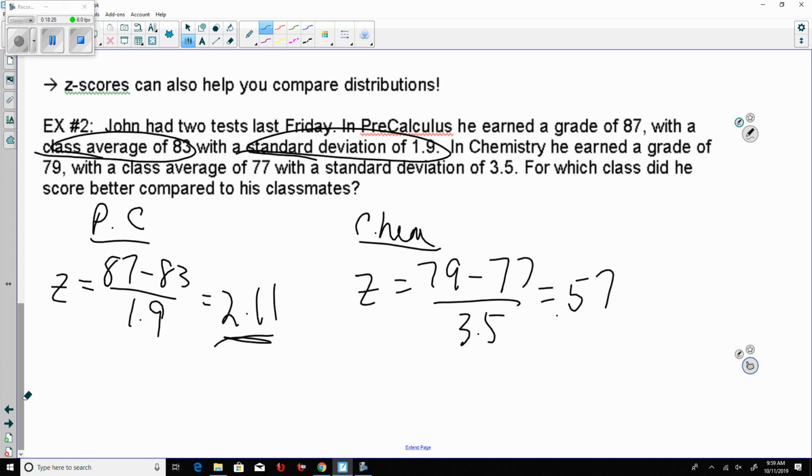We're talking about the range, not the grades necessarily. The range of values, which would have the higher range? Why? Standard deviation. Okay. All right. So all good.